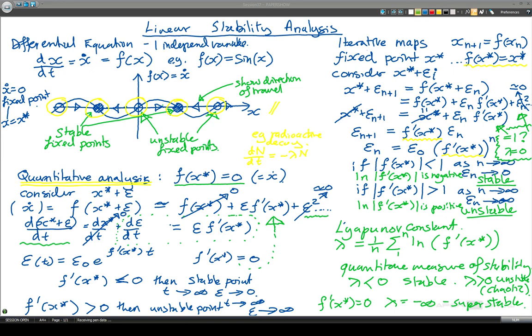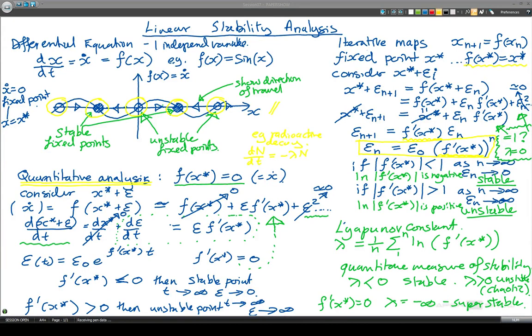A final thing to mention is that if we have a quick look again at this equation, which was the long-term equation for epsilon n, where it's your original epsilon multiplied by f prime of x to the power of n, then if we imagine taking the log of both sides, this part here, we get the sum of the logs.